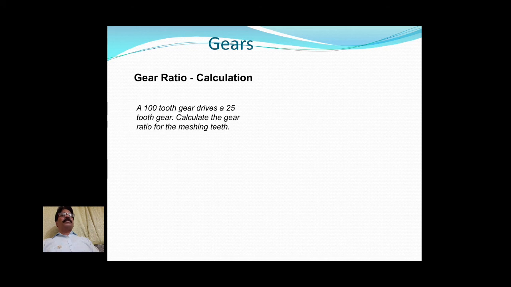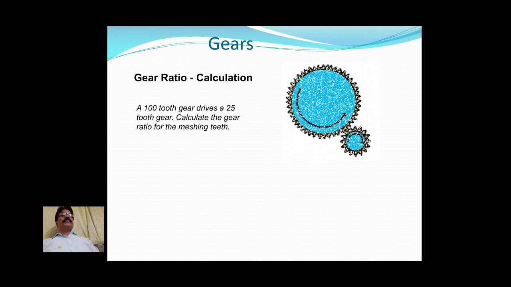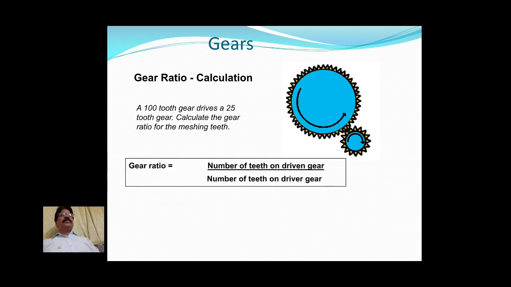For example, this is a gear train having two gears with a 100 tooth gear. I will read out the numerical. A 100 tooth gear drives a 25 tooth gear. Calculate the gear ratio for the machine teeth. The same numerical may be asked in your examination for 1 or 2 marks.